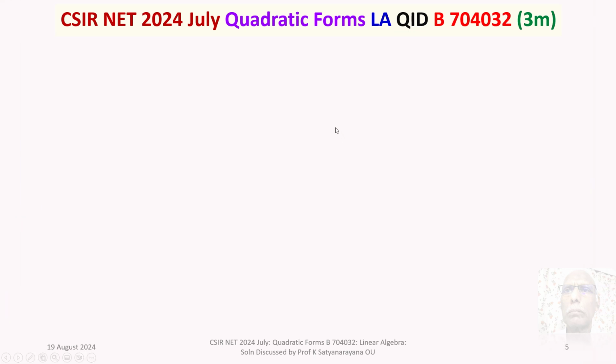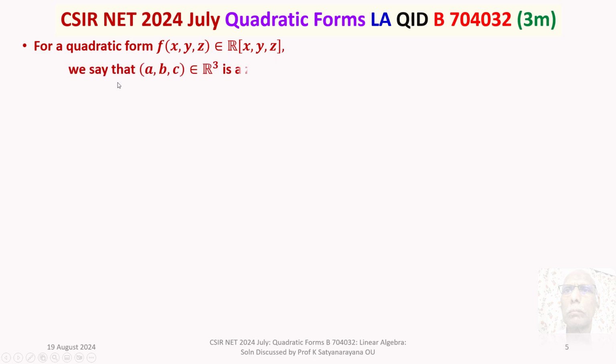Now the given question is: for a quadratic form f of x, y, z belonging to the polynomial ring R[x, y, z] in 3 variables with coefficients coming from the real numbers, we say that a triad (a, b, c) that belongs to R cube is a zero of f if f of (a, b, c) is equal to 0.